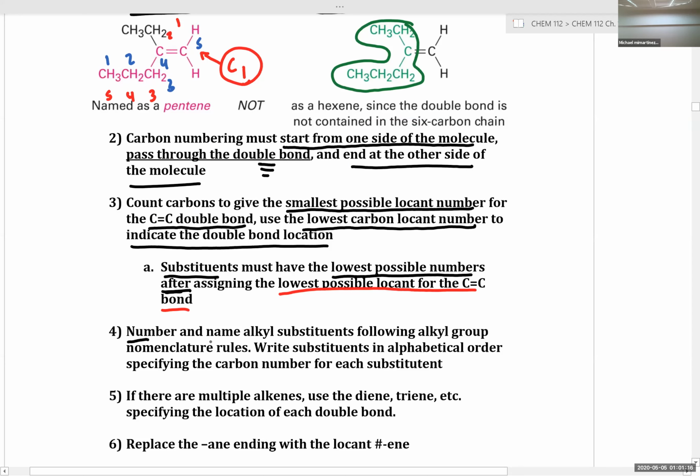You're going to number and name the alkyl substituents following alkyl group nomenclature rules. So you may need to look back on chapter 3 and chapter 4, and you write the substituents in alphabetical order, specifying the carbon number for each substituent.